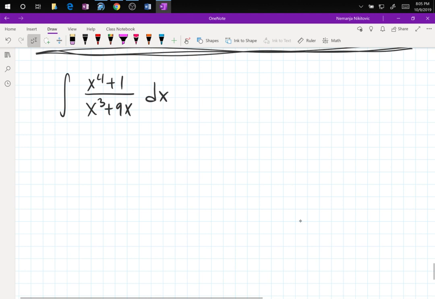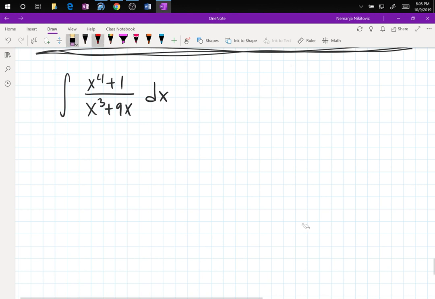All right, so that was, I guess, enough of I don't know how to long divide. So let's do the long division so you can do the rest of the problem. So x cubed plus 9x divided into x to the 4th. That's bad.